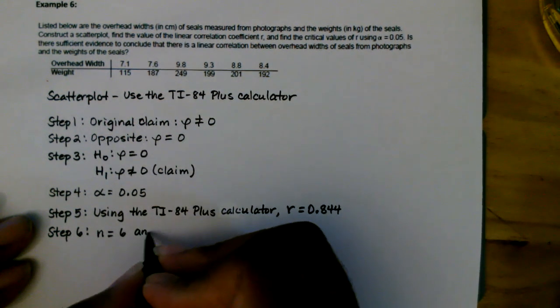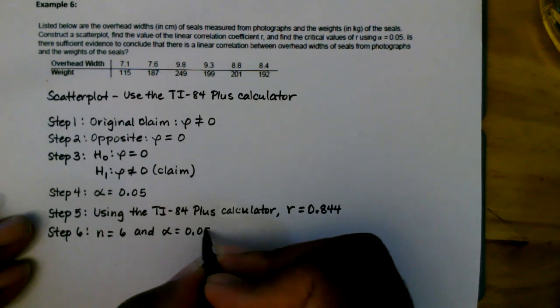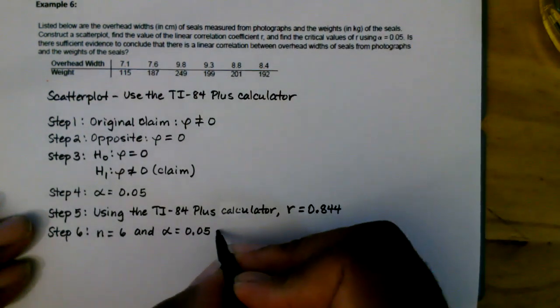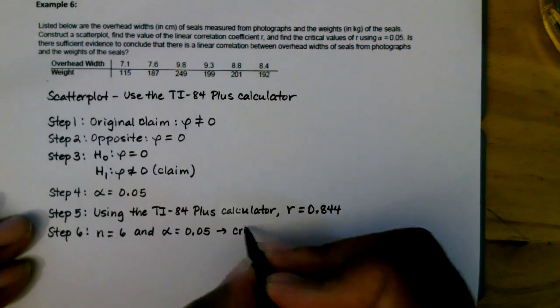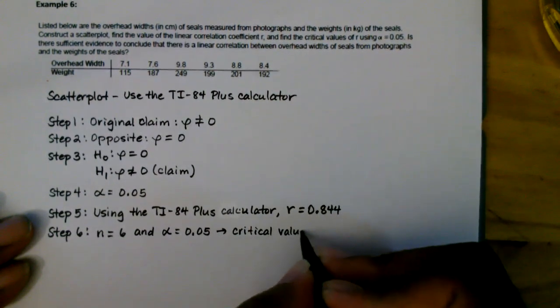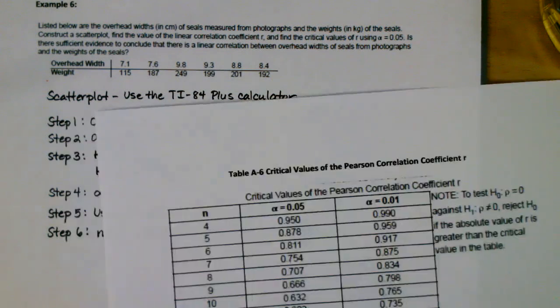And the alpha level is 0.05. This means we want our critical values, and there are 2 of them. One's positive and the other one is negative.